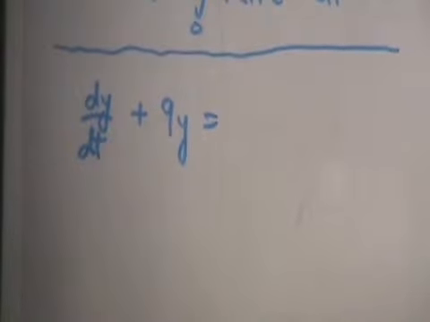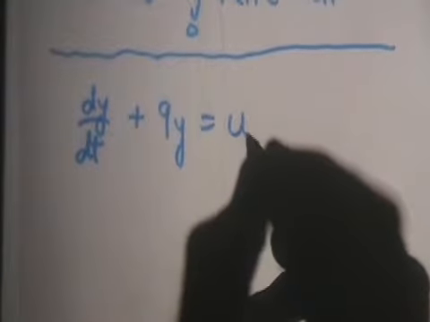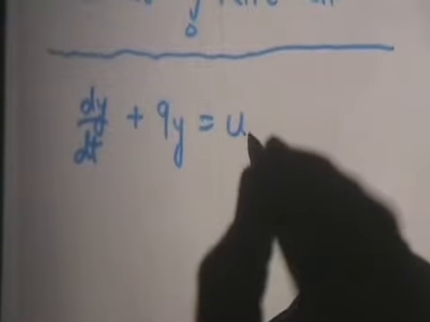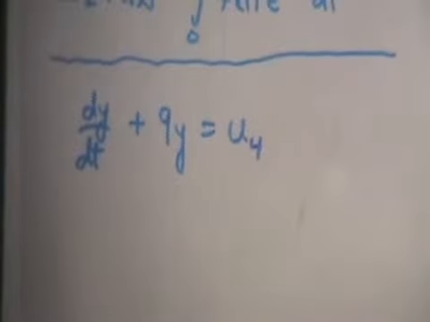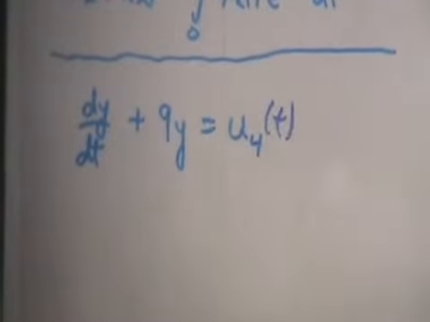Well, I suppose we could put an absolute value function on the right-hand side, or some modification of an absolute value function. I'm going to do something different. I'm going to pick what's called a Heaviside function, kind of a funny name. I'm going to label it U sub 4 of t.